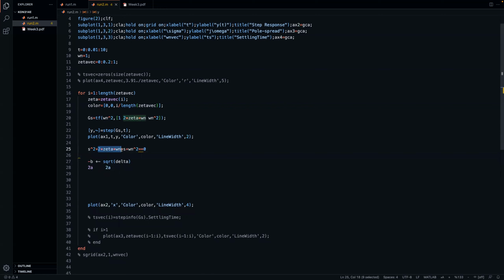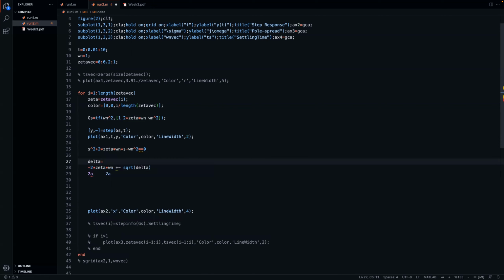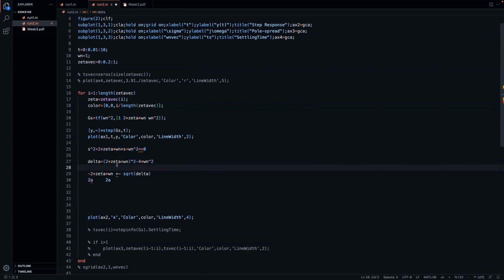That's basically 2 times zeta omega n. Let's write that down. What is delta? Delta is going to be b squared minus 4 times 1 times omega n squared. And 2a, since a is equal to 1, becomes only 2. So let's work on this a little bit more.